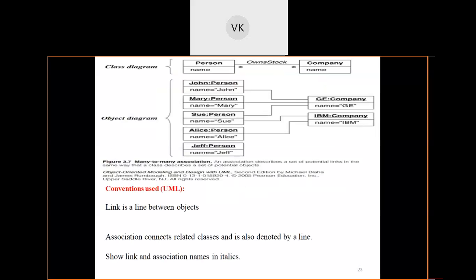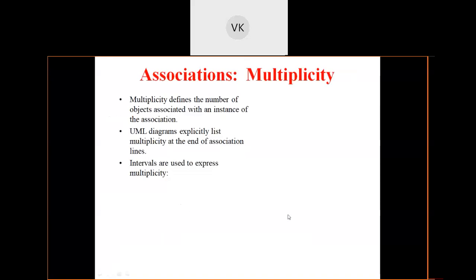Next you see, he has given the diagram of class and objects. I hope that everything is visible on the screen now. Yes, you see here class diagram, person is there, company is there.